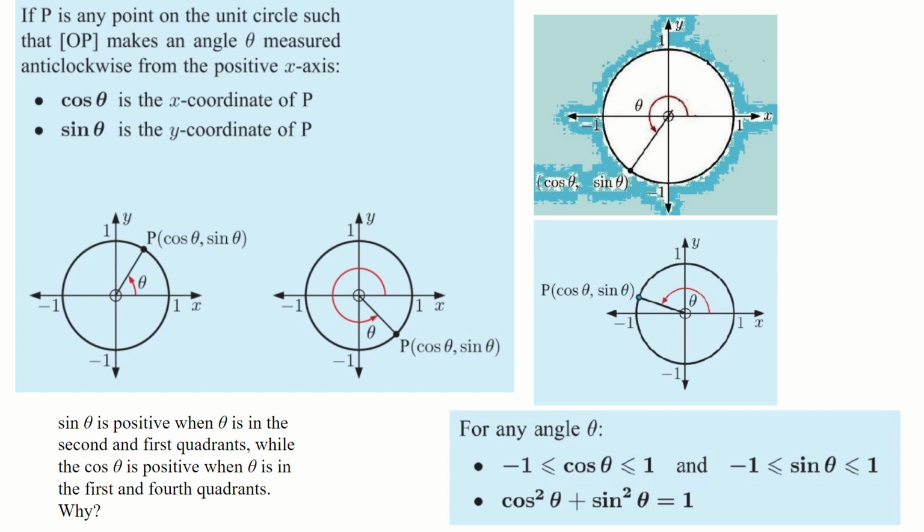So first of all, point P has coordinates, the x and y coordinates. Now to measure them, you simply have to measure the displacement between the point P and the y-axis to find out its x coordinate, and the displacement between the point P and the x-axis to find out its y coordinate.